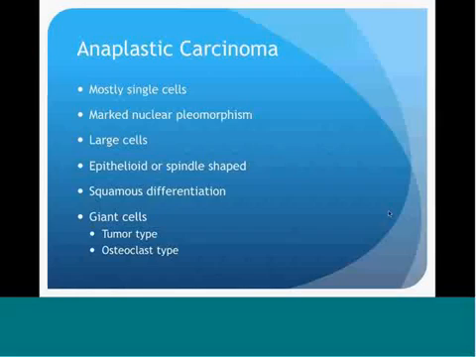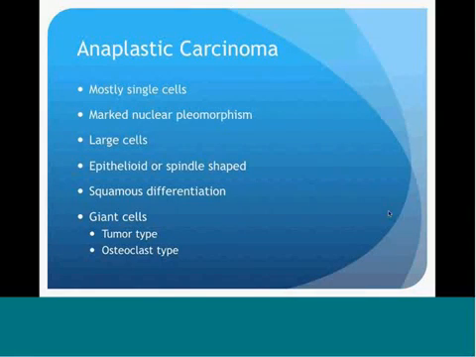Anaplastic carcinomas are also rare, and they are just more de-differentiated than anything else. They don't look like papillaries, they don't look like medullaries. They're mostly single cells with marked nuclear pleomorphism, meaning that they look like very large, bizarre cells. They can be epithelioid or spindle-shaped.